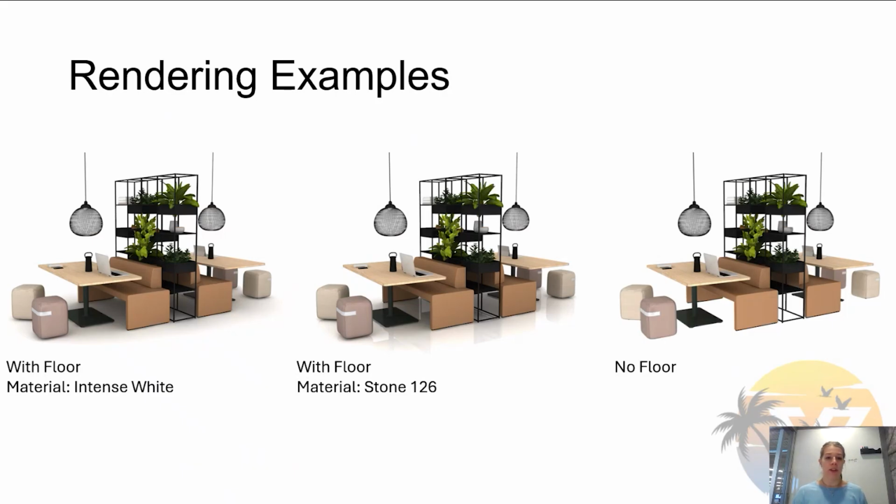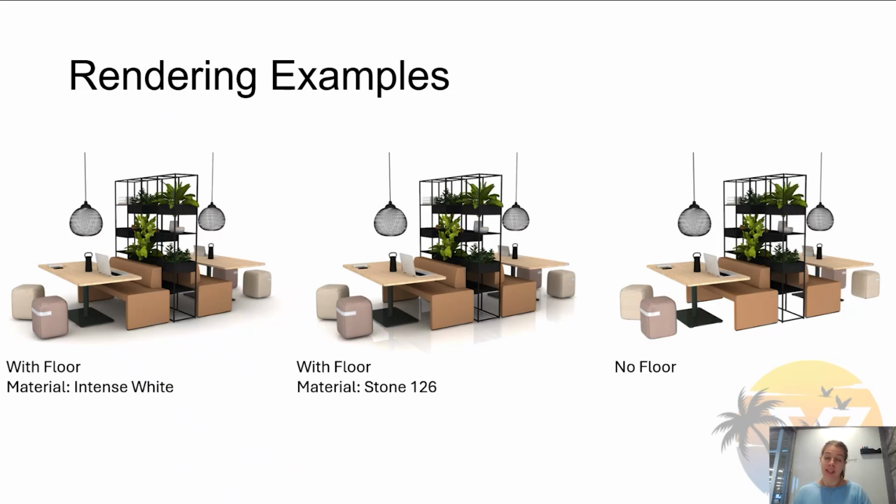Options 1 and 2 have a floor, but they're different materials. These are some go-tos that our designers here at Workspace use. The first option there is intense white. You can see it has a nice shadow underneath the furniture. Again, it really helps ground that typical. That's probably one of my favorites.